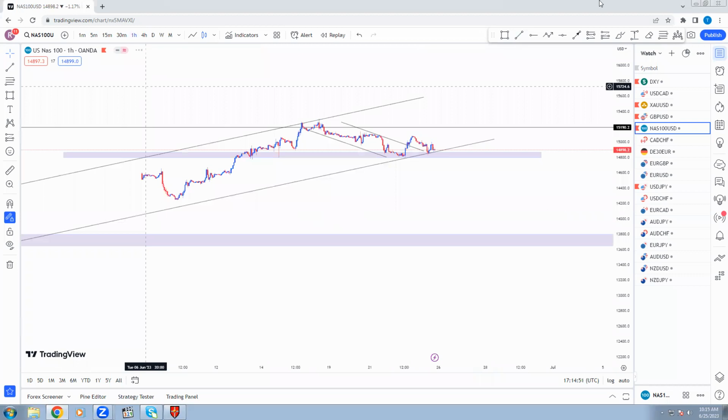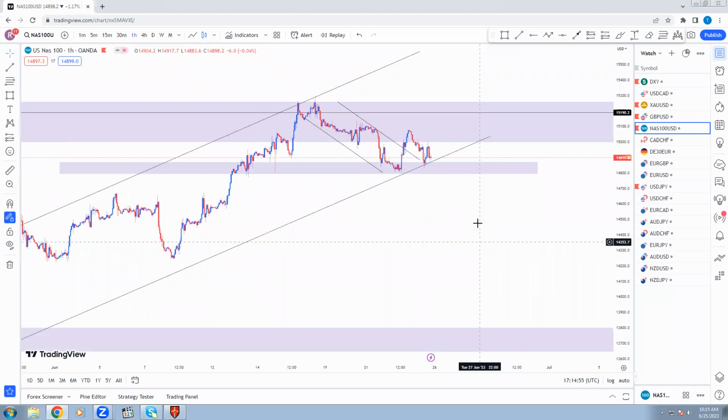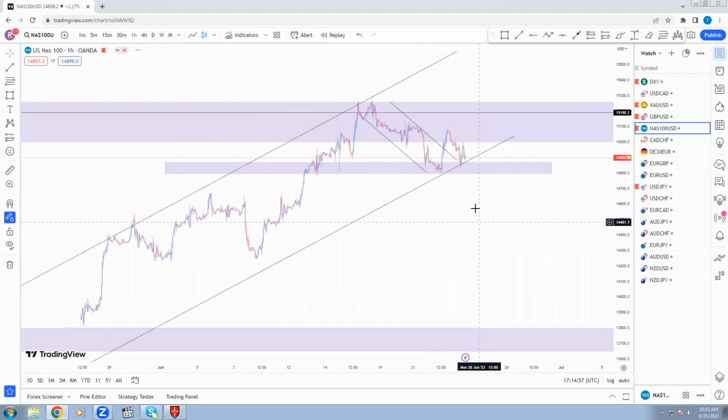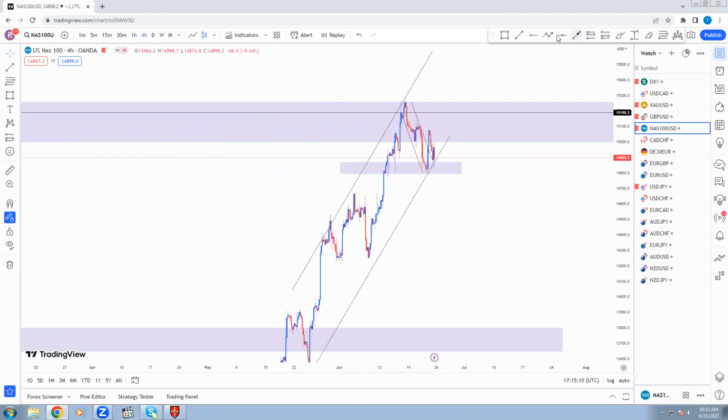So as you can see on our 1-hour time frame, it doesn't make sense that much, but this might be an impulse, a correction, then a continuation, a double bottom formation. But based on my high time frame structure, this is what I will be looking for. Need to be looking forward for an impulse to the downside, correction, then a drop to maybe this low.